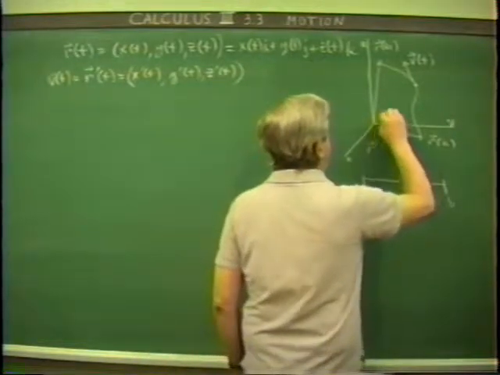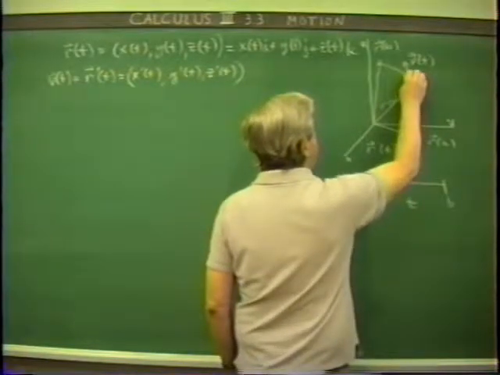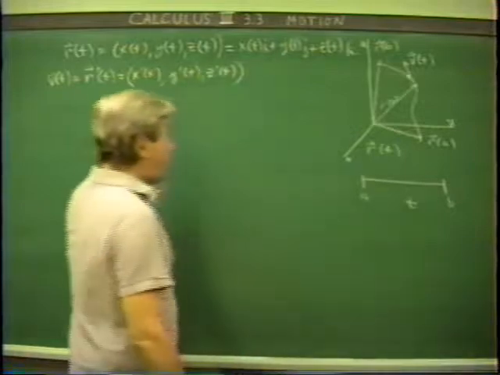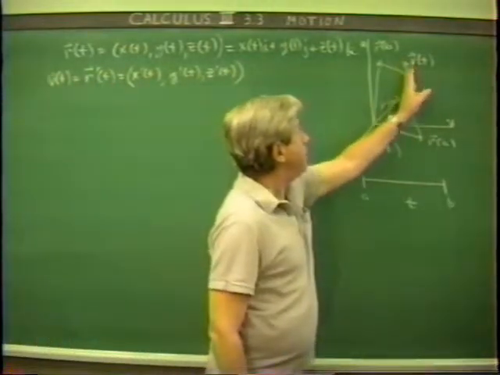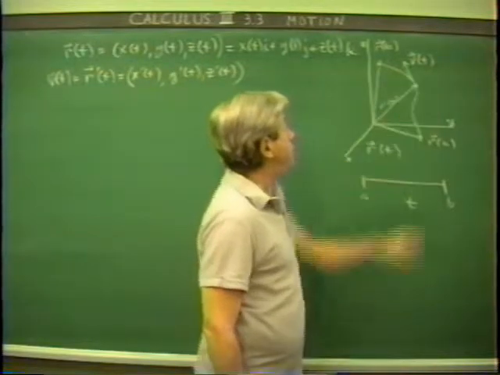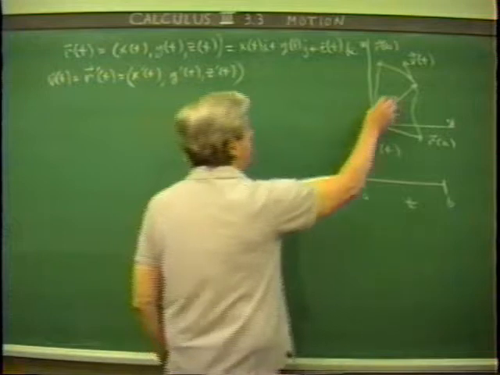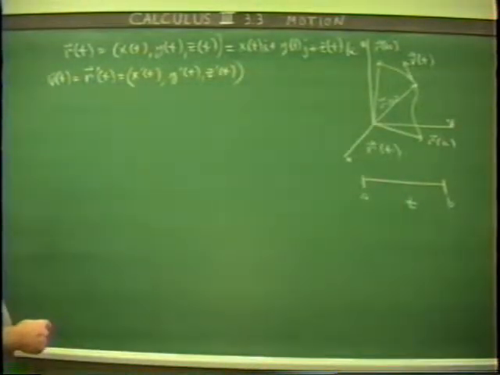Right? If we took r of t, we took it at a later point, r of t plus h, subtracted the two, we're going to get a small vector like this, and as h gets small, the resulting limit is going to be a vector in the direction of the motion, the movement of r of t. Right?